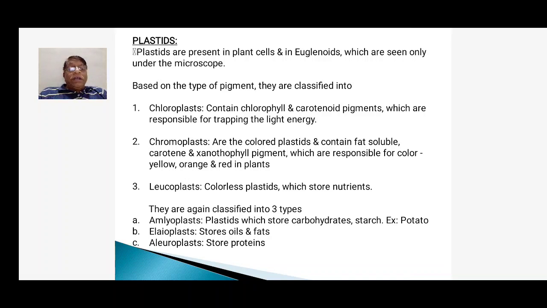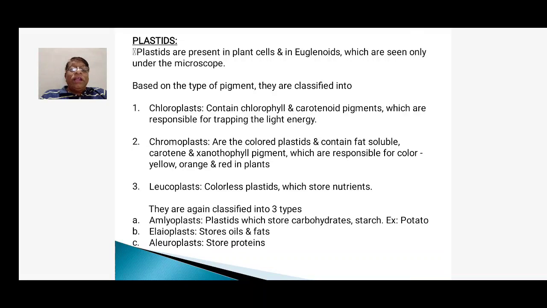Elaioplast, the plastids which store oils and fats are called elaioplasts. And another type, aleuroplast, the plastids which store proteins are called aleuroplasts.